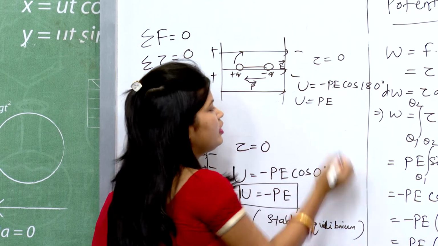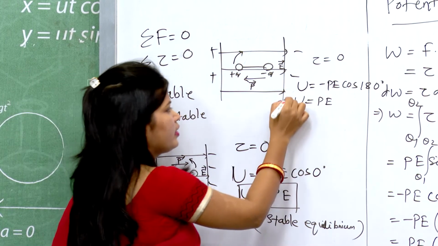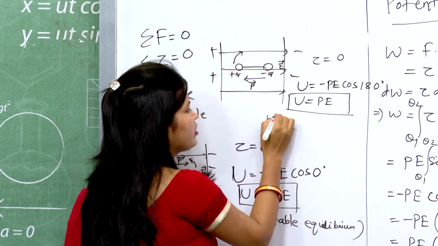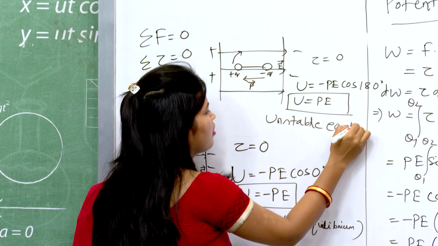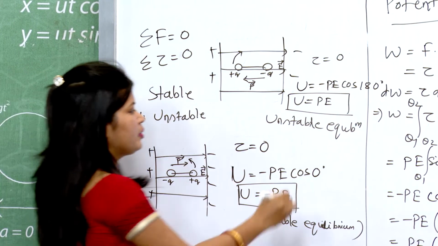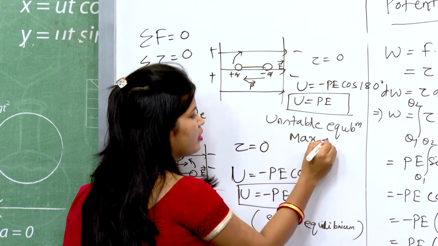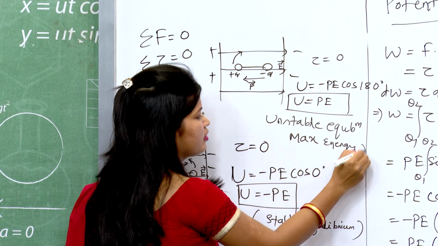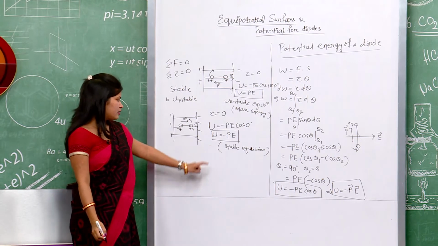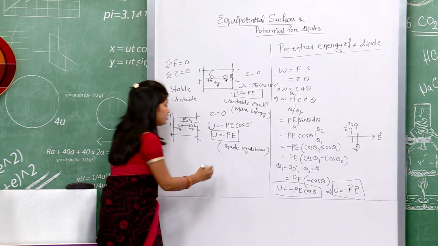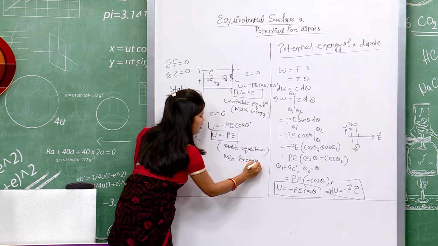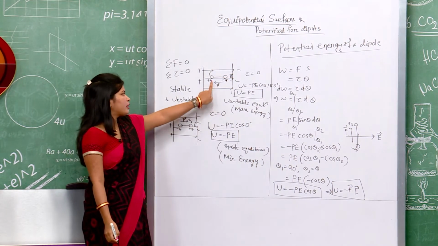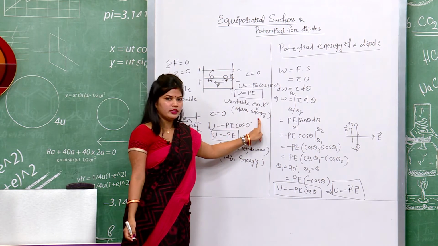So we get the energy plus P E. That means it is in unstable equilibrium and the dipole has maximum energy. Remember this: in stable equilibrium the dipole has minimum energy, and in unstable equilibrium the dipole has maximum energy.